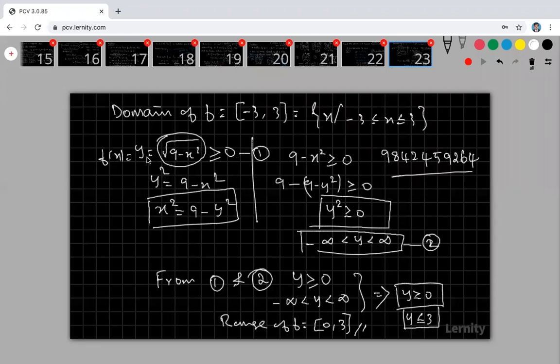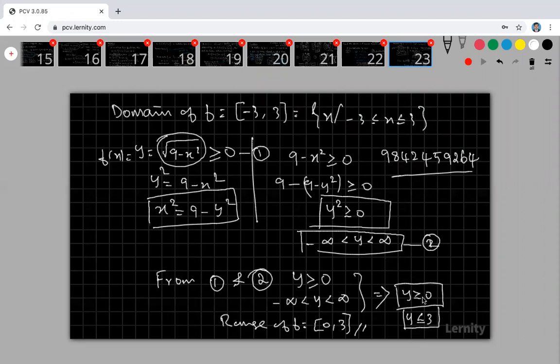My f of x, I am taking as y, that is root of 9 minus x square. This root value is always positive, since 9 minus x square inside the root is positive, so the root of the function value is also positive. That means my y is positive. Positive means greater than or equal to 0.